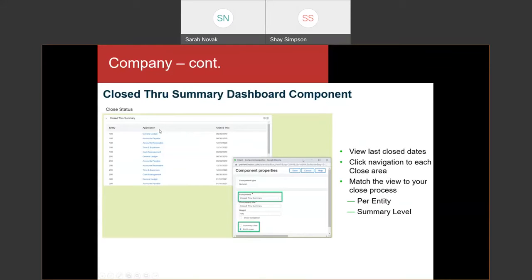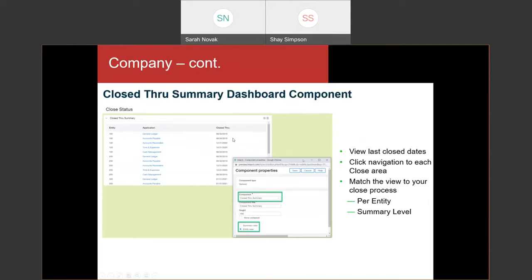You can come in and look at the various modules that you have within Sage Intacct. It is going to show us by legal entity the close through date. Now, obviously, in this test environment, our end user was not so diligent about closing their books each month.